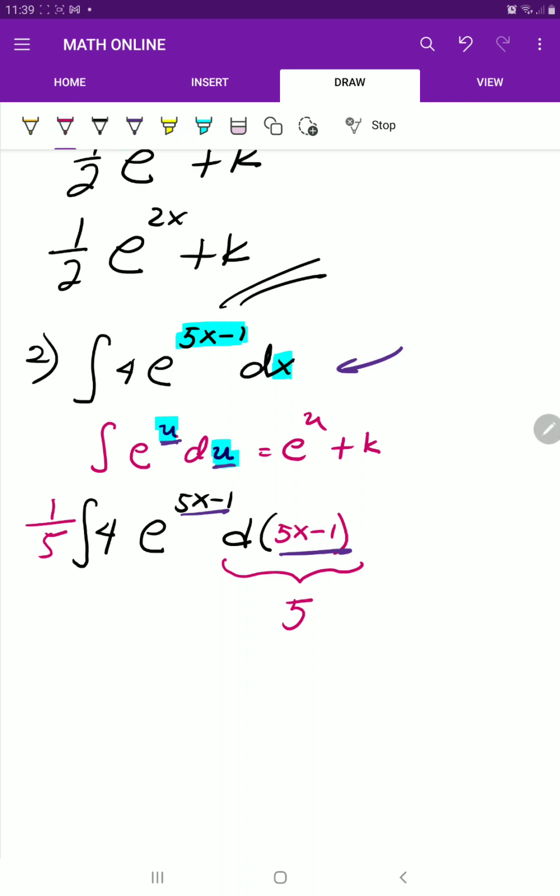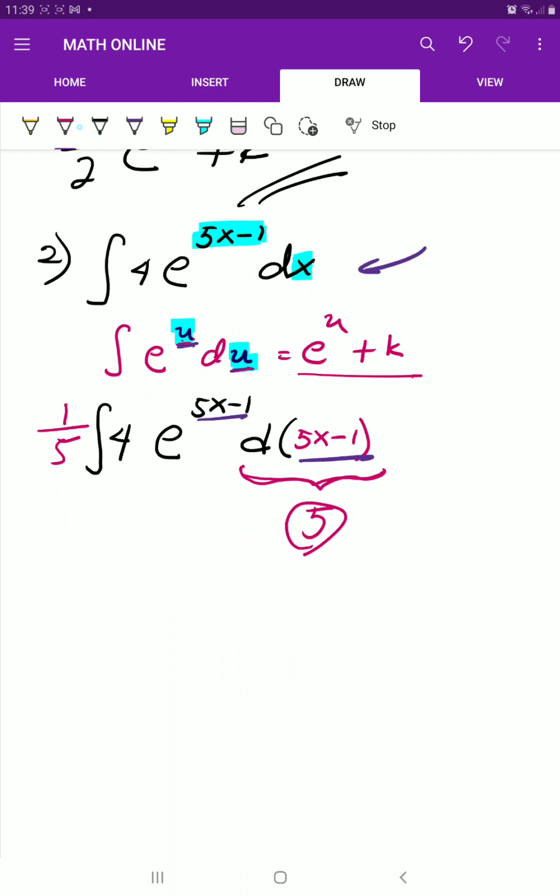The formula wants you to make these two the same so that you can get this answer. If they're not the same, then you cannot say that this is the answer. When you make it the same, the derivative of this one is 5. So you need to get rid of the effect of that 5, and the way to do that is to multiply by the reciprocal, which is 1 over 5.